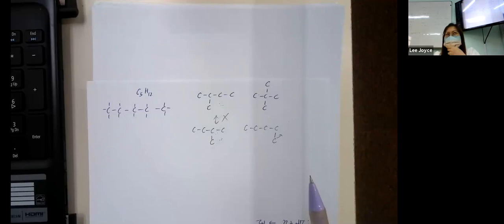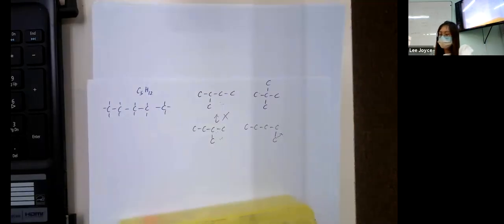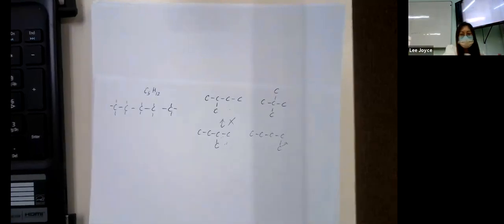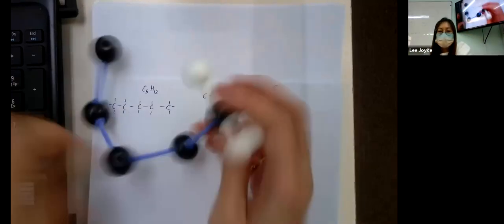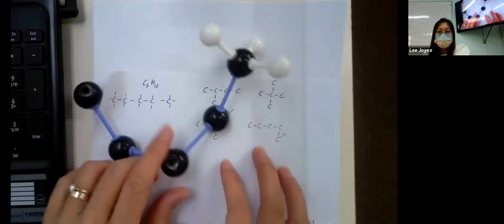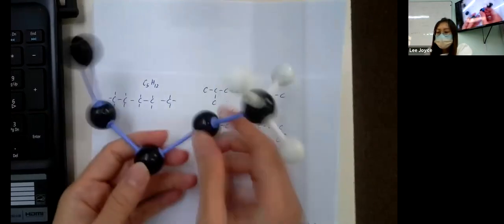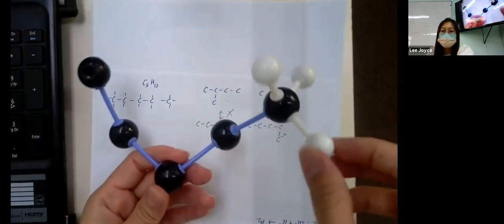Very hard to visualize, right? Because it's all three-dimensional. Now give me a minute, I'm going to get my model. Now, due to the time constraint, I'll just do one part of it. So this is the pentane. The 5 carbons are the black atoms, and then the hydrogens are these.